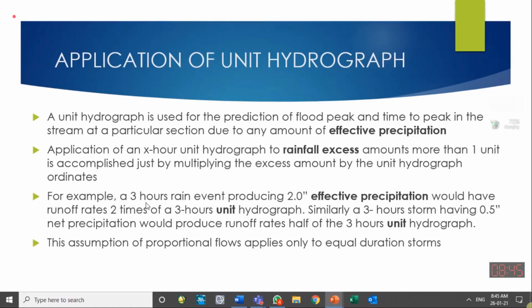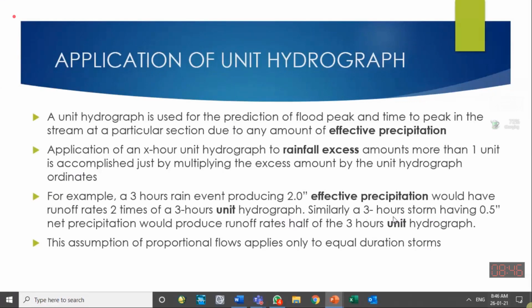For example, if we have a 3-hour rain event producing 2 inches of effective precipitation, which is other than 1 inch, we will have runoff rates 2 times those of the 3-hour unit hydrograph. So if we have an effective rainfall of 2 inches, we multiply the unit hydrograph ordinates by 2 and we get the direct runoff hydrograph.